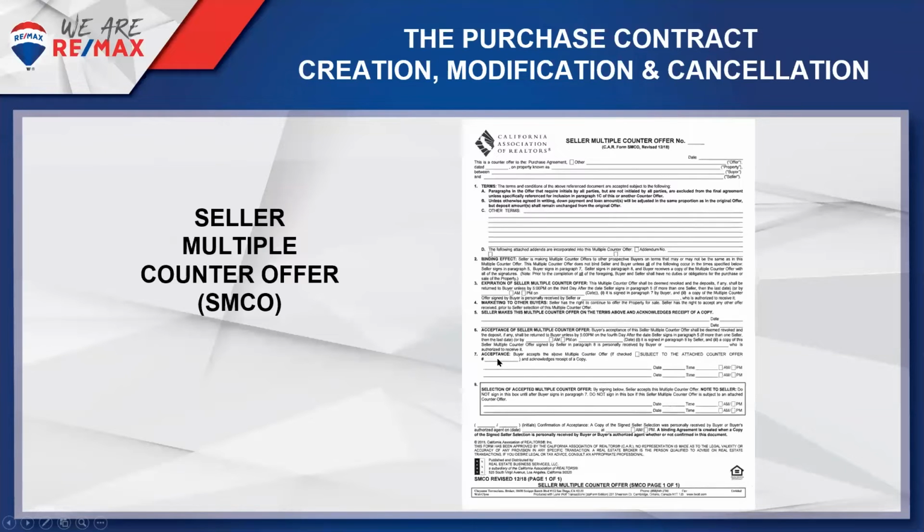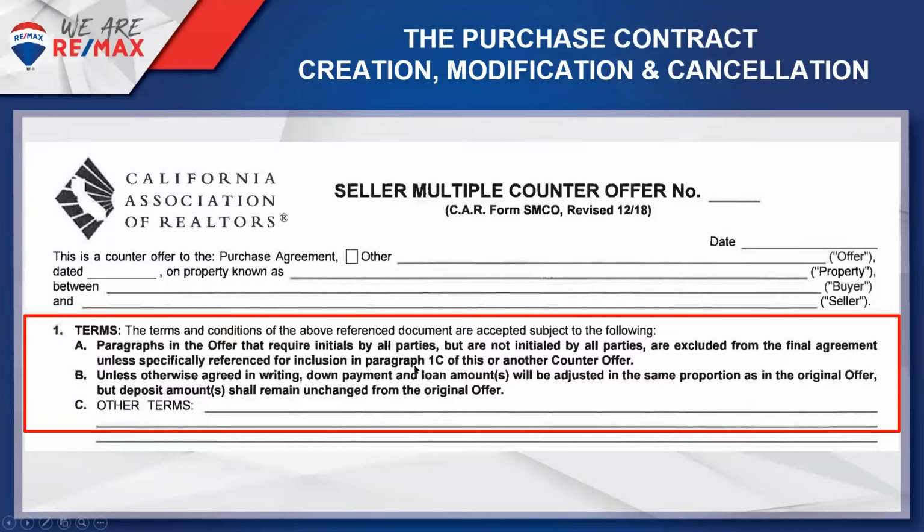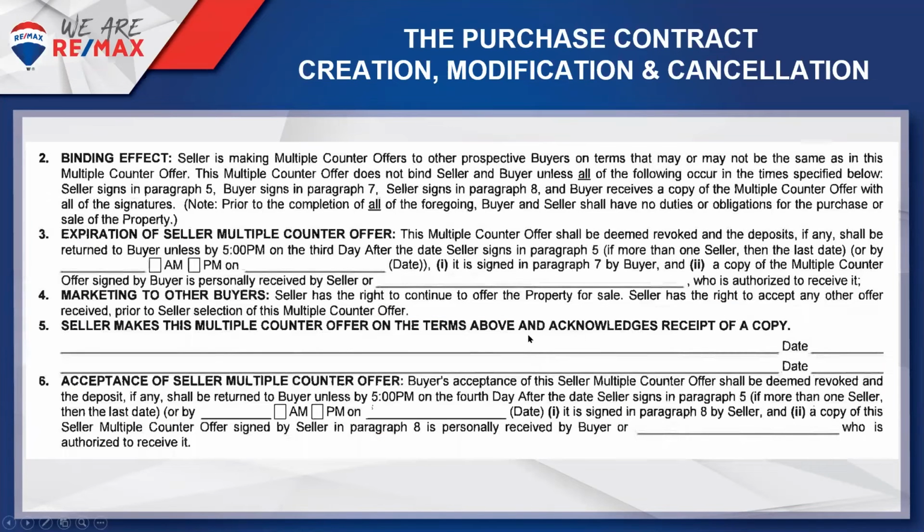Okay. The seller multiple counteroffer, very similar in the top, the same three terms as I discussed before. Again, that accepted word right here. So whether or not they sign the RPA or not doesn't matter, because if they're signing the counteroffer, both parties sign the multiple counteroffer, both sellers, they've effectively agreed to everything in the RPA except for what they're changing in the counteroffer.